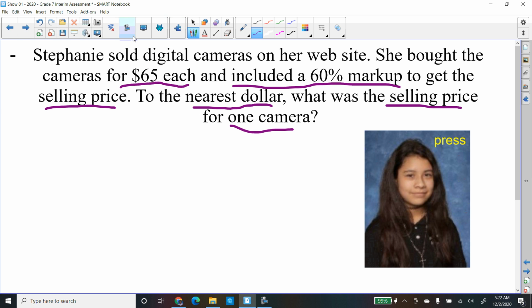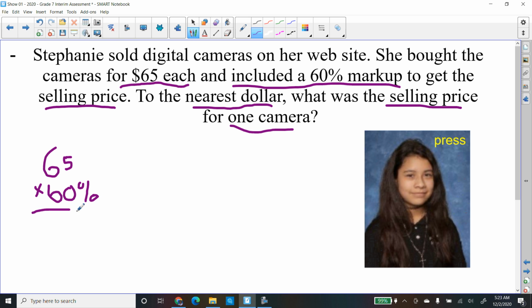She had cameras that cost $65, and she is going to mark up the price by 60%. So let me multiply this $65 by 60% to find out how much she's marking up the price by.